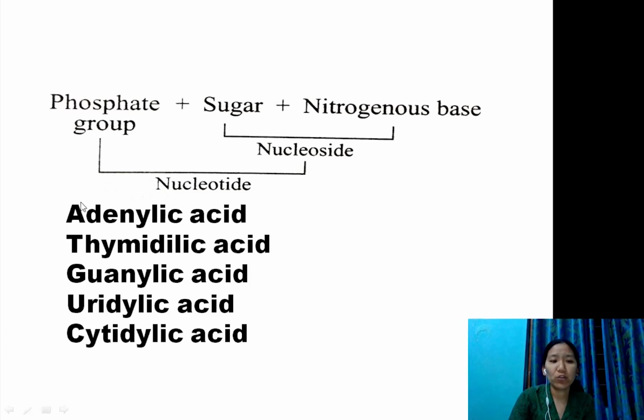So these nucleotides are adenylic acid, thymidylic acid, guanylic acid, uridylic acid, and cytidylic acid. So these are the 5 different nucleotides. And out of these 5, we have 4 in DNA and 4 in RNA.